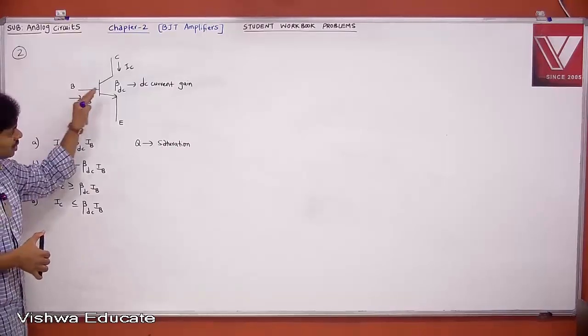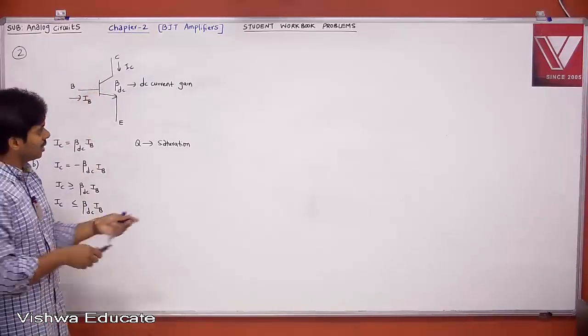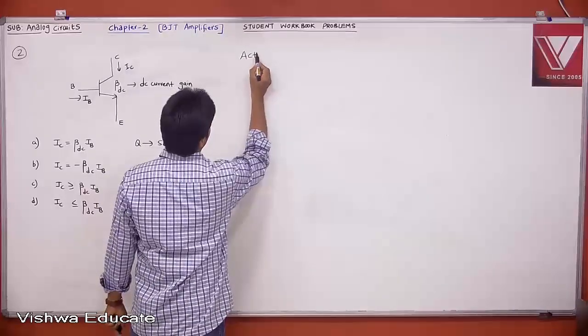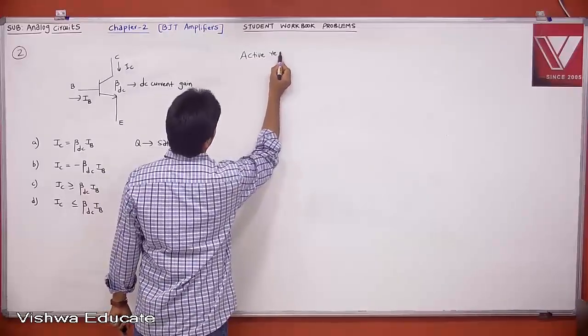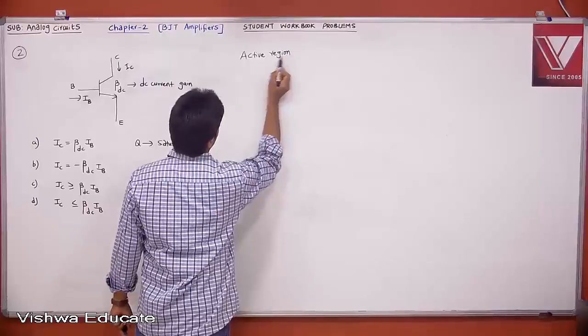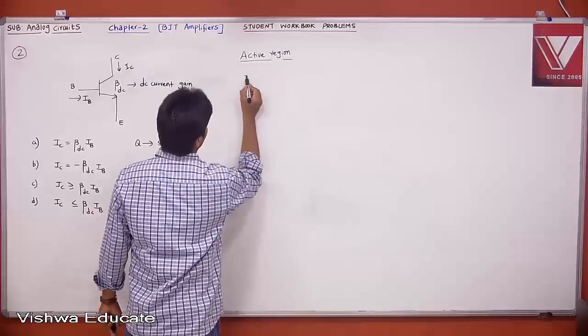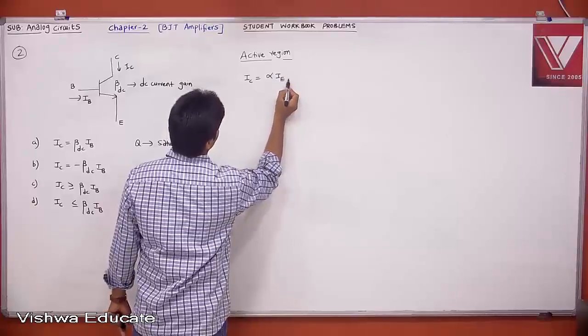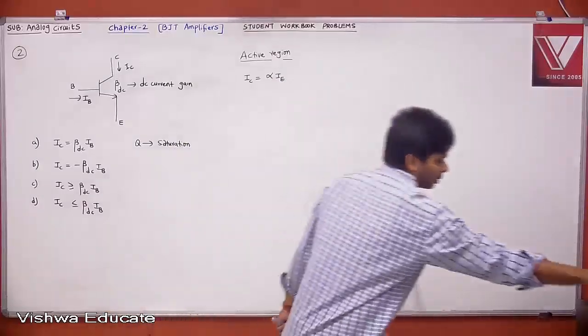Remember, if the transistor is in active region, the first thing is IC is equal to alpha into IE.